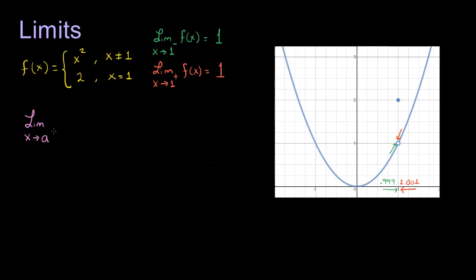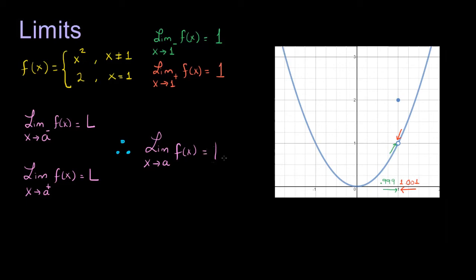It will be the limit when x approaches a from the left for f of x, and this is equal to the value of L. And now if the limit when x approaches a from the right for f of x is equal to L as well, if these two are just equal, if you approach from the left and from the right to the same value L, therefore the limit when x approaches a for f of x is equal to L.